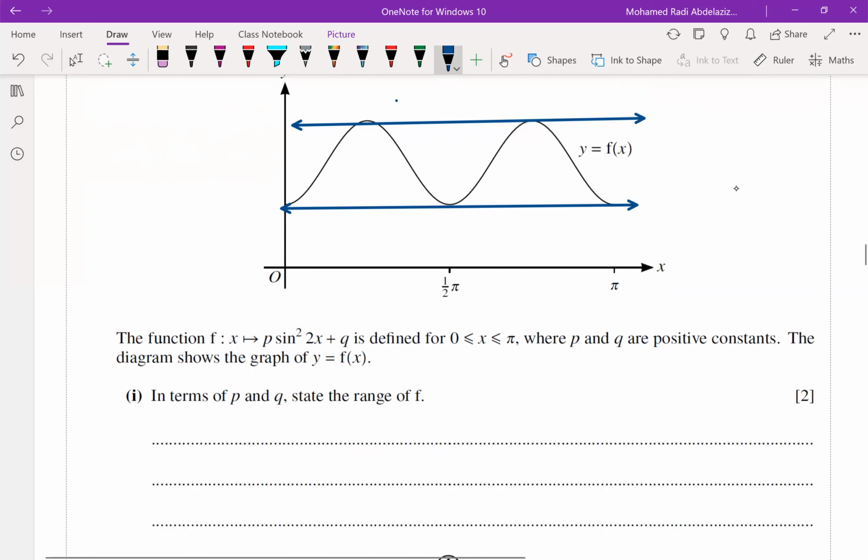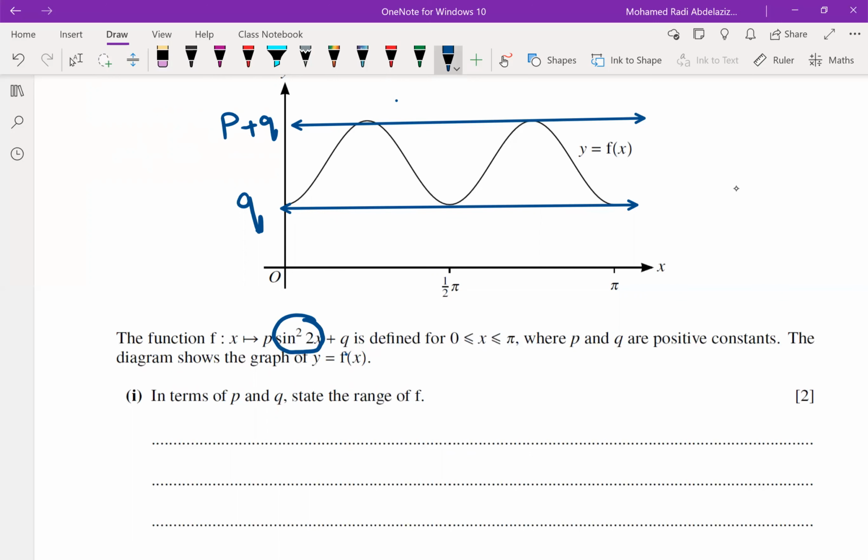Now, the function is p sine squared 2x plus q from 0 to pi. The maximum value of sine squared 2x is 1, and the minimum is 0. If this part is 0, the answer will be q. If it is maximum, meaning sine squared 2x is 1, the answer will be p plus q.